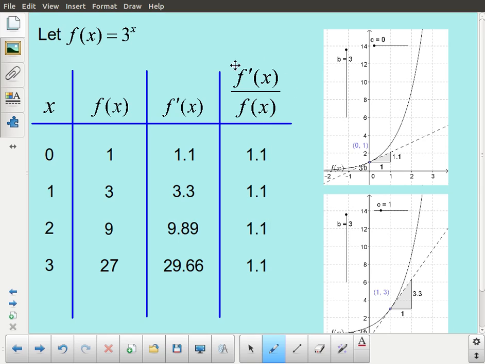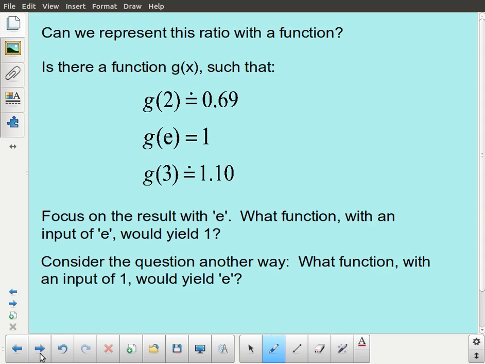So that tells us that for any value of b, this ratio is constant. Essentially, this ratio depends only on my b value. So the question we want to know is, is there a function that we can use to represent this ratio? Remember, this ratio was the limit as h approaches 0 of b to the h minus 1 over h.